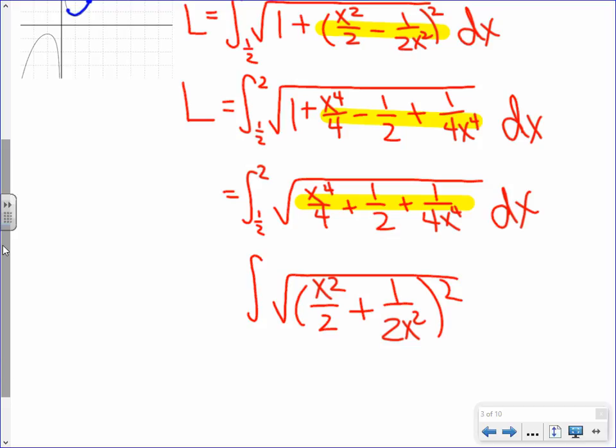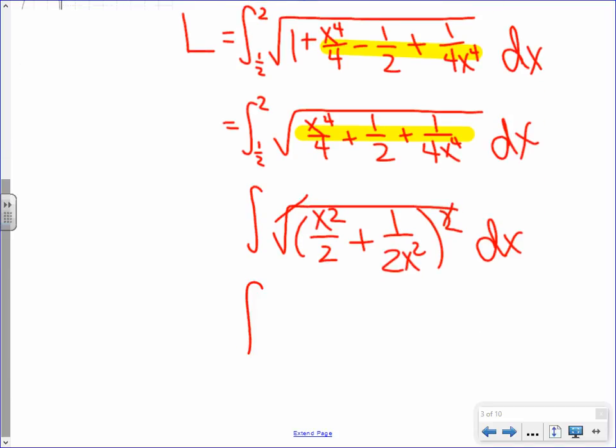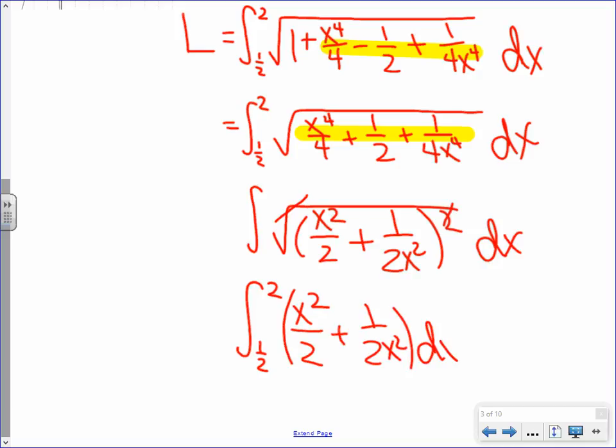So now that the square and square root cancel, we now have a very nice power rule integral. Okay, now we can actually integrate it.